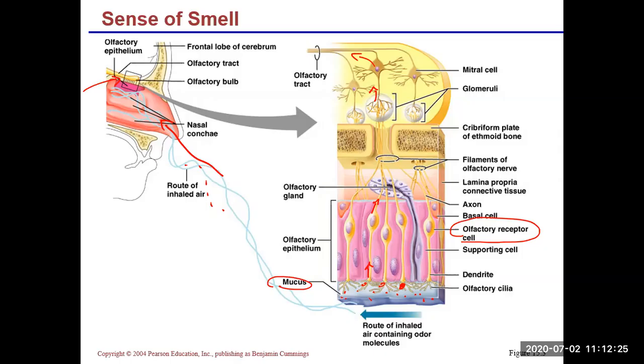Of course, for survival, it was necessary to find potential mates, find food, and avoid predators. All of those were related to the use of olfactory senses.